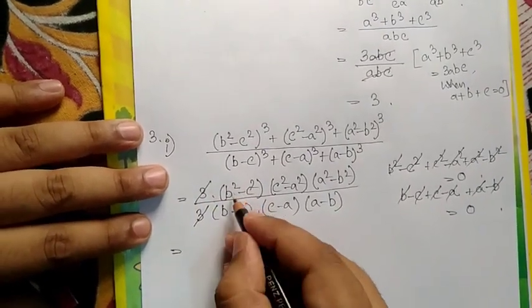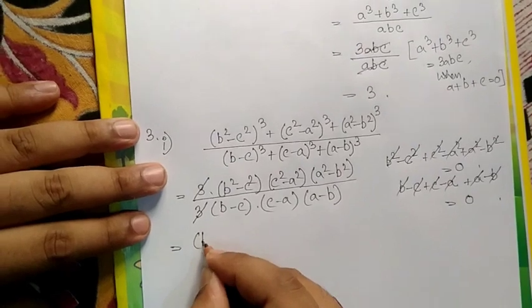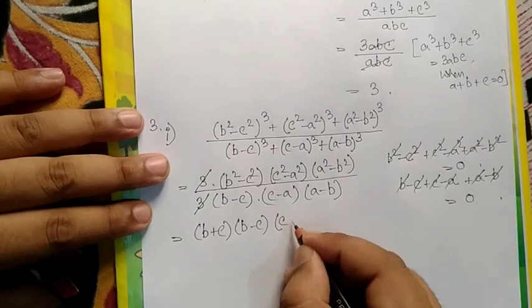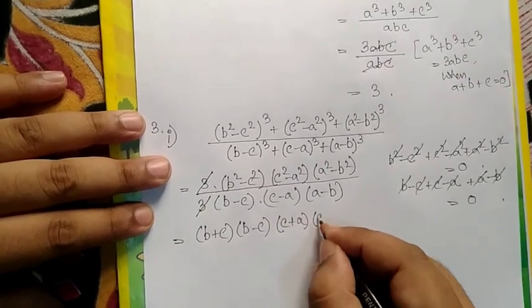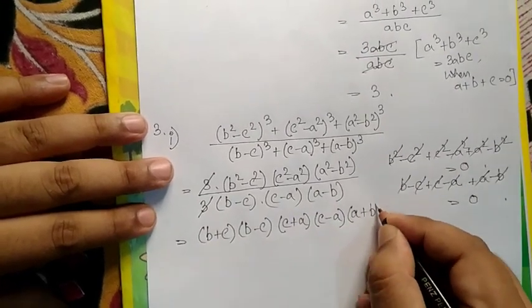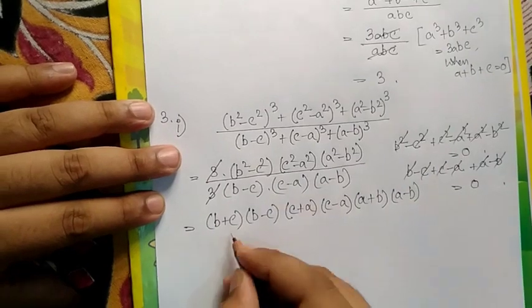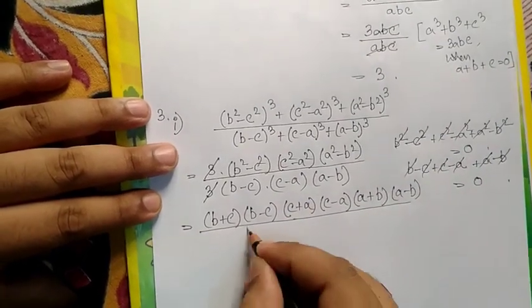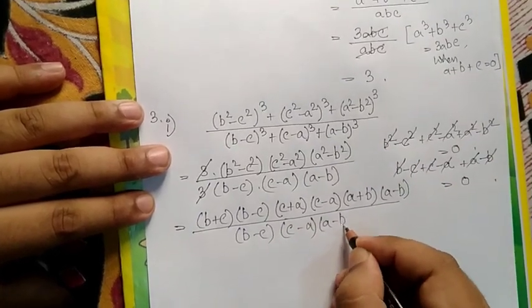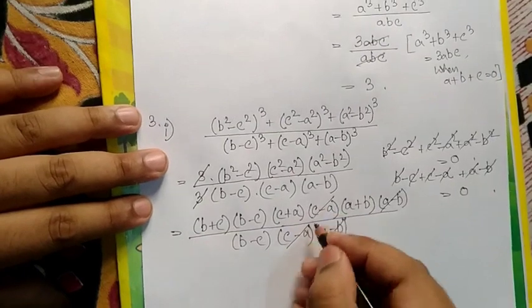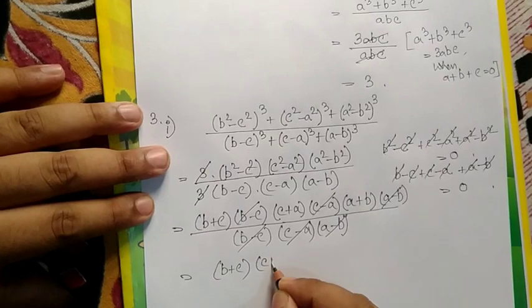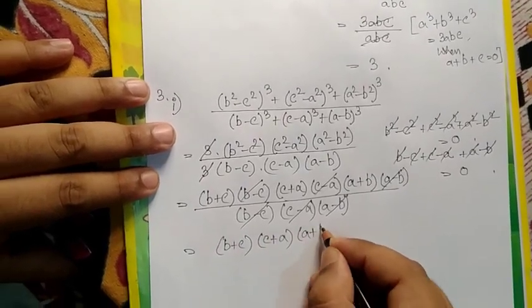Eliminate those, and after that b square minus c square means b plus c into b minus c, c square minus a square, c plus a into c minus a, plus b, a minus b, and the denominator is b minus c, c minus a into a minus b. So therefore cut those values, the answer is b plus c, c plus a, plus b.